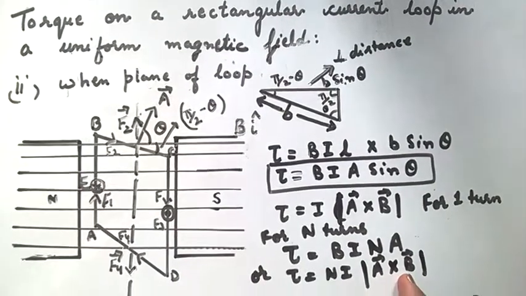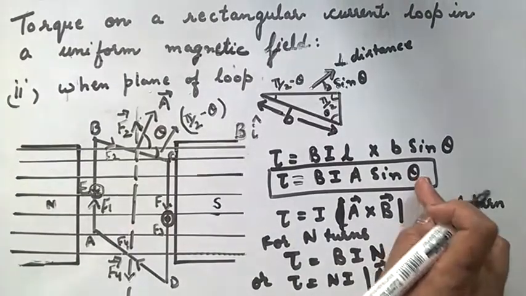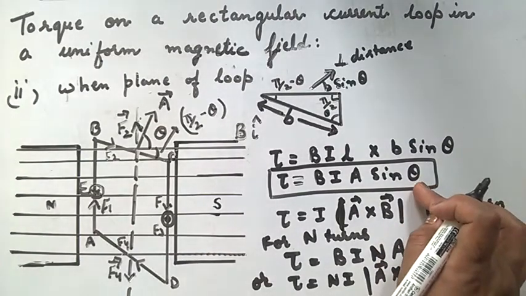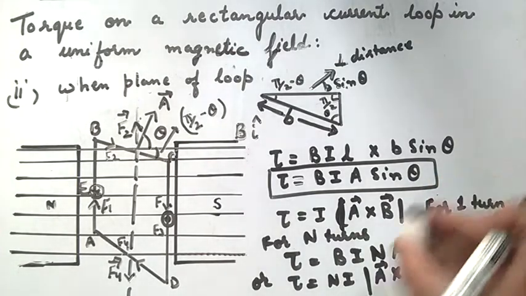And if this angle is maximum, that is 90 degree, when sin 90, then torque will be maximum.